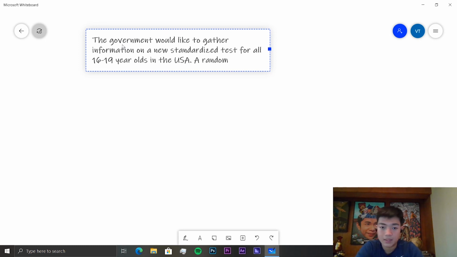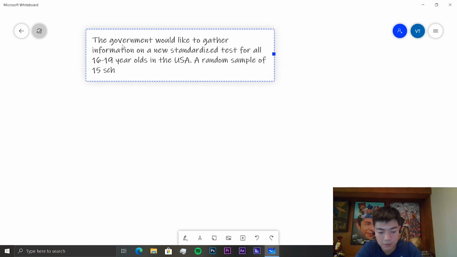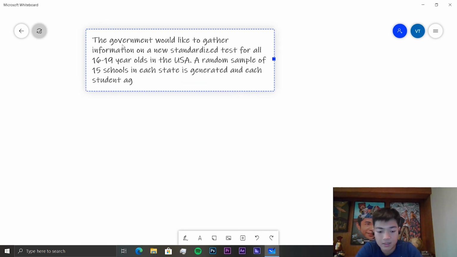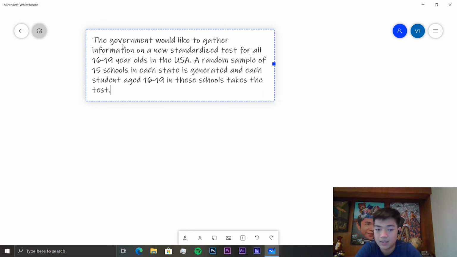A random sample of 15 schools in each state is generated, and each student aged 16 to 19 in these schools takes the test. Describe what type of sampling this is.